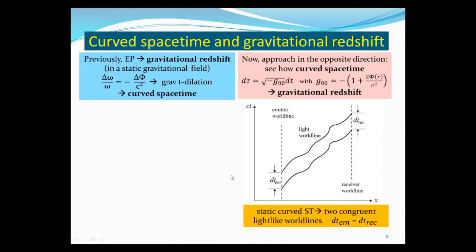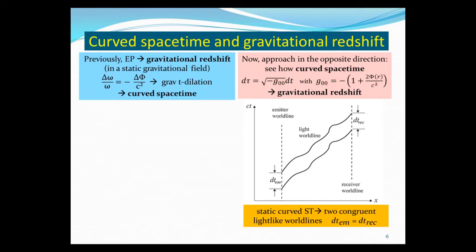Now let's consider a space-time diagram of a train of waves. The emitter is here, and the receiver is located here, so their world lines are straight lines, because they stay put at one position. These are the world lines for, say, two peaks of light, and they're wiggly to indicate that the space-time may be warped due to gravity.